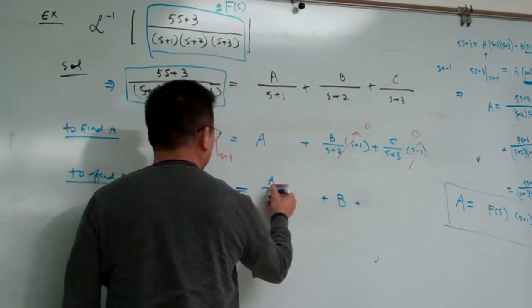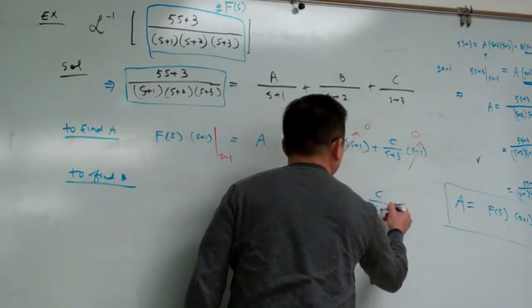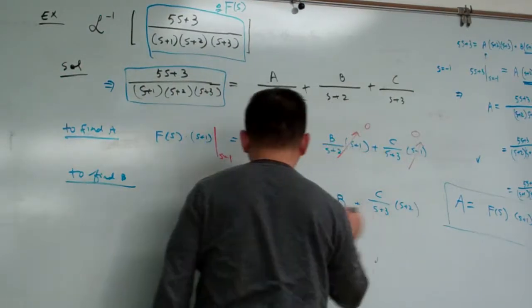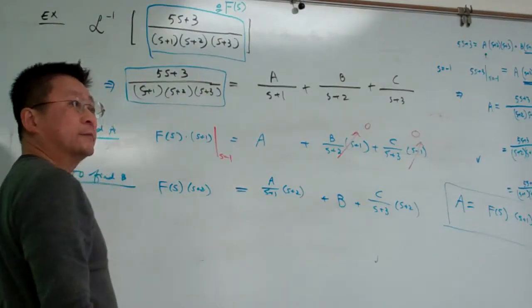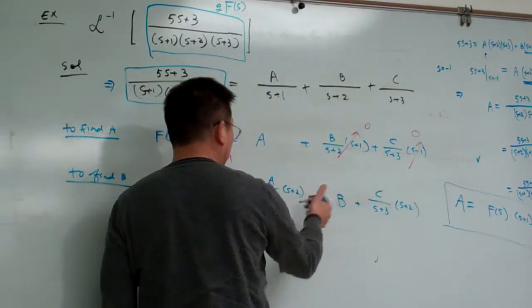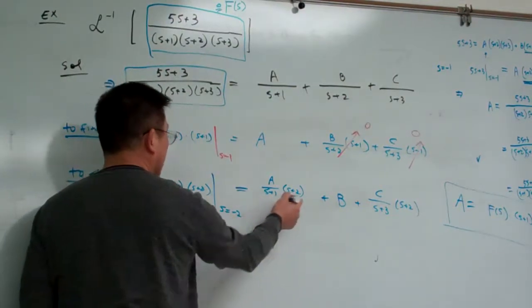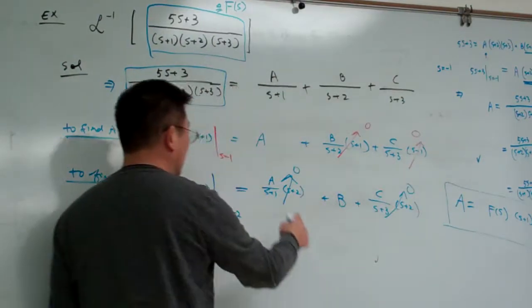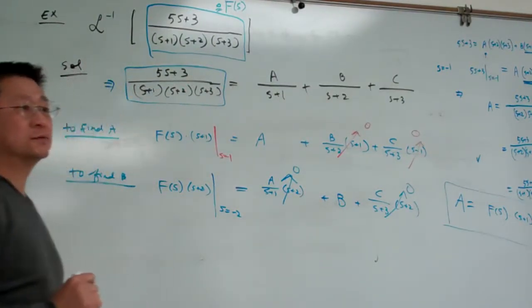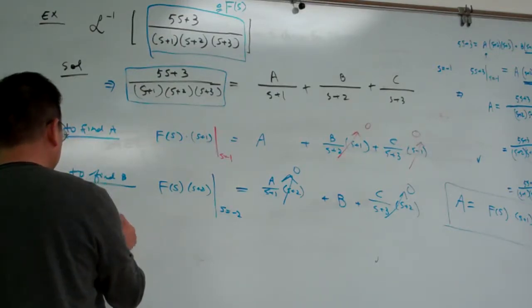So this is A(s plus 2) over (s plus 1), and this is C(s plus 2) over (s plus 3). This term is f of s times (s plus 2), right? To have the other two terms disappear, we simply set s equal to minus 2. That means this term becomes 0, this term becomes 0, so B is equal to this. You okay?